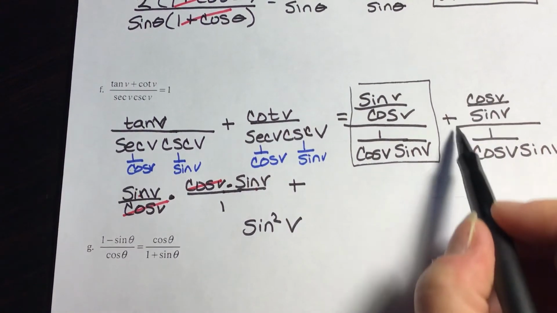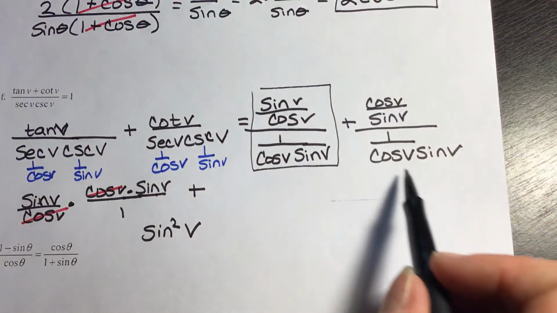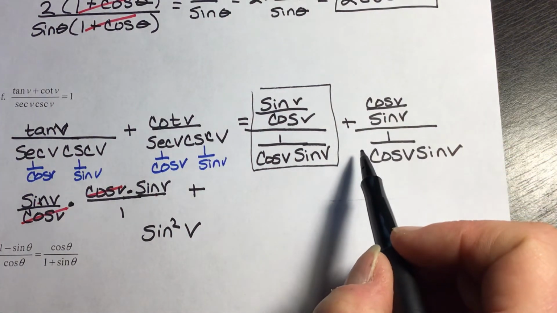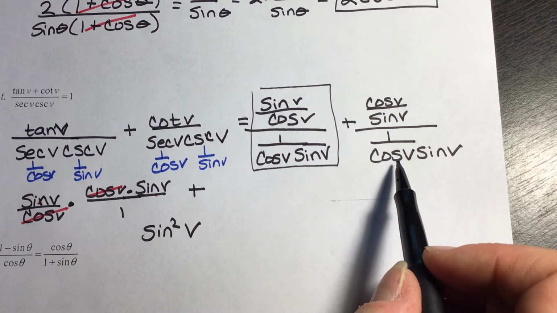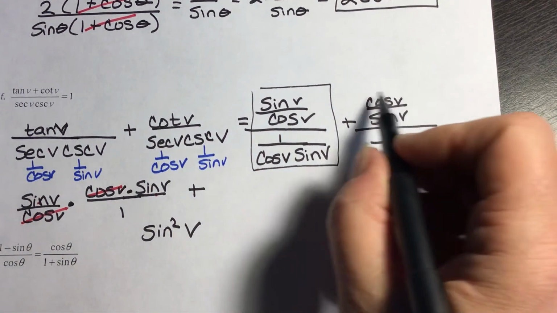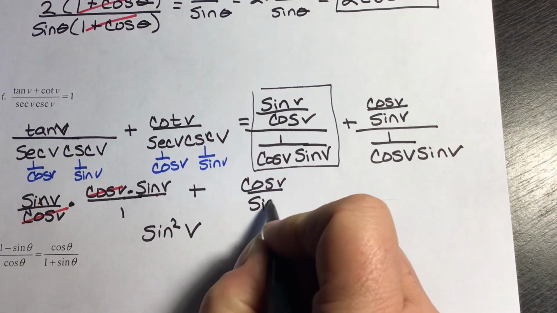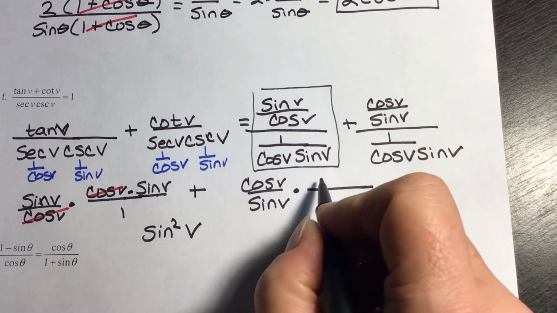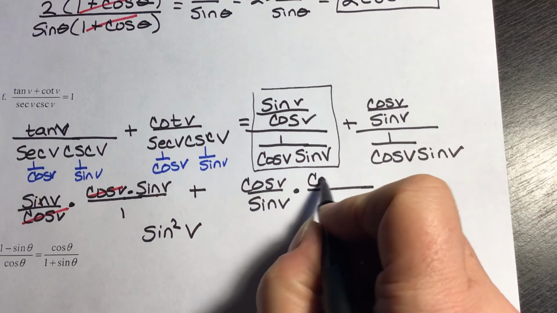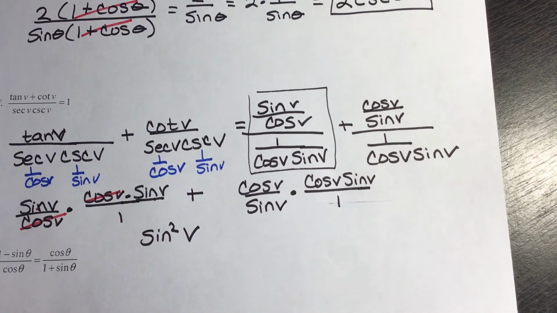Then I have the second part of this problem, the second fraction. And again, I'm going to multiply by the reciprocal. So I'm going to start with cosine v over sine v, and I'm going to multiply by the reciprocal, which is cosine v sine v over 1.